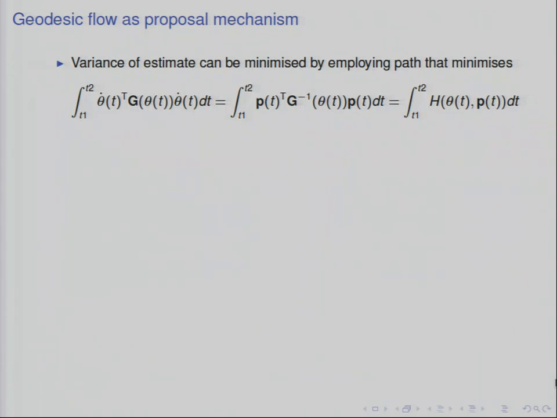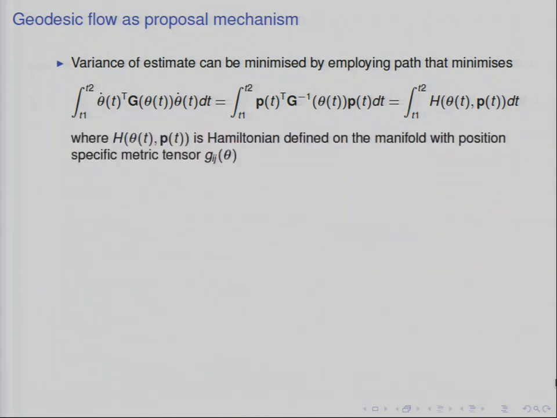We optimize this here. H is the Hamiltonian, defined on the manifold whose position-specific metric tensor is G sub ij, computed at each theta.